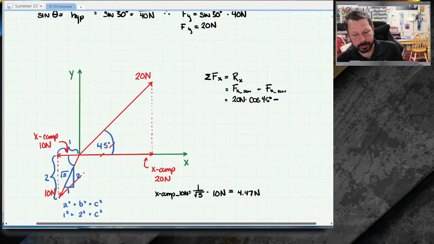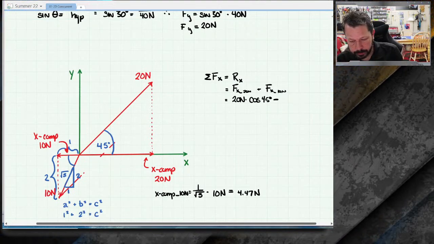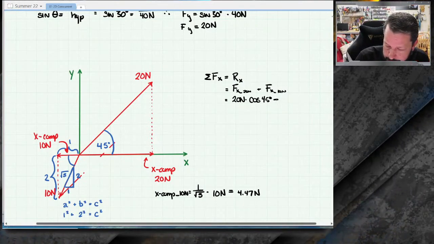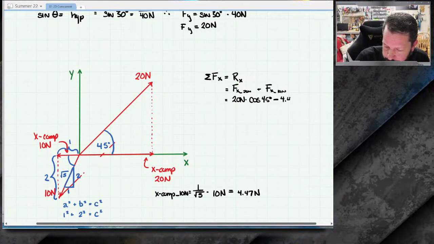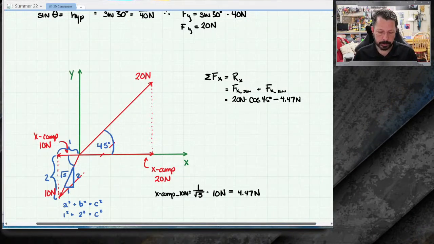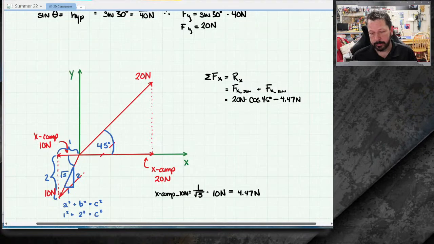So that would be a way to do that one. I also know that that one is going in my negative x direction, so I would have negative 4.47 newtons here.